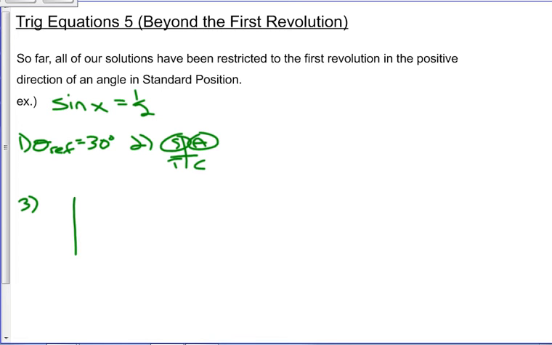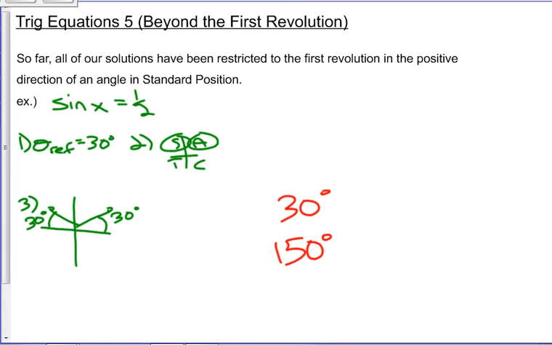So that would look like this: 30 and 30. We call the first one 30 degrees, and the second one would have been 180 minus 30, or 150. Those are our 2 solutions in the first positive revolution of angles in standard position.